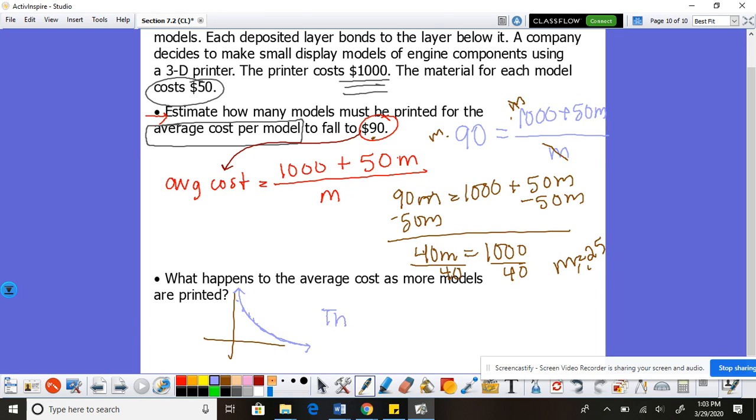It goes down. The more I sell, the less the average price per model is.